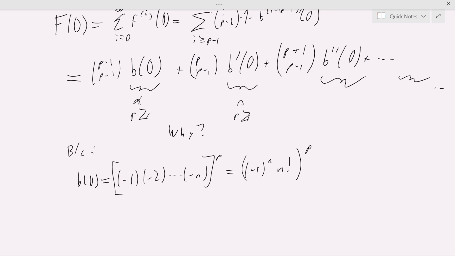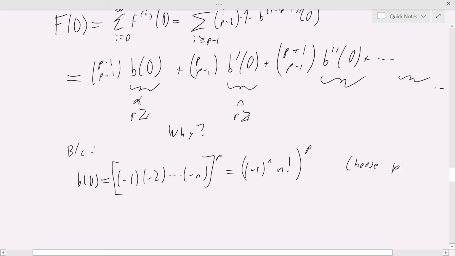And what we're going to do is choose p, the prime number, to be greater than n. That guarantees that n factorial can't possibly have a factor of p involved, because again, p is a prime number. So then similarly, n factorial to the power p, or to any power, that is, also will not have a factor of p either.